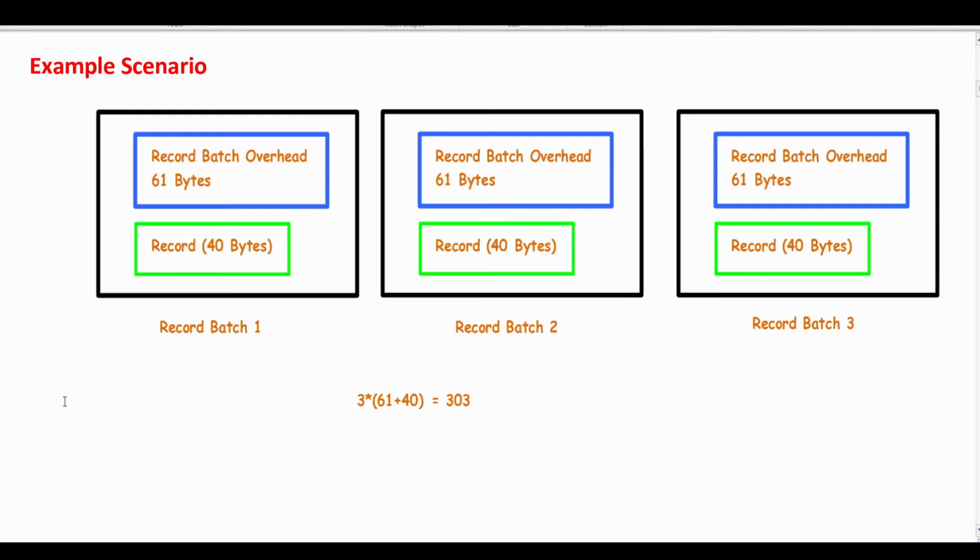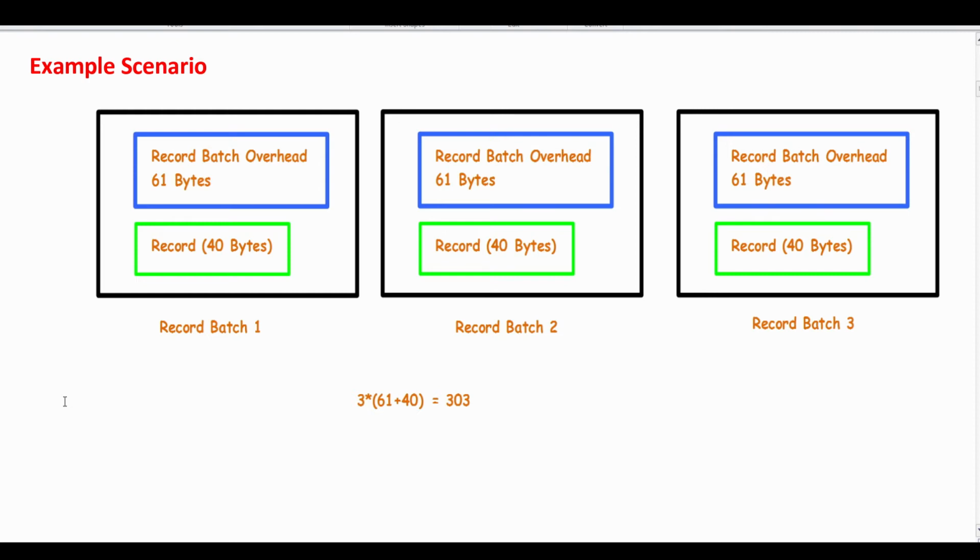So totally, for each batch we are sending 101 bytes of data. So when you store one message, you have to allocate 101 bytes. Now for this specific scenario, since we are sending three batches, in total it will occupy 303 bytes.